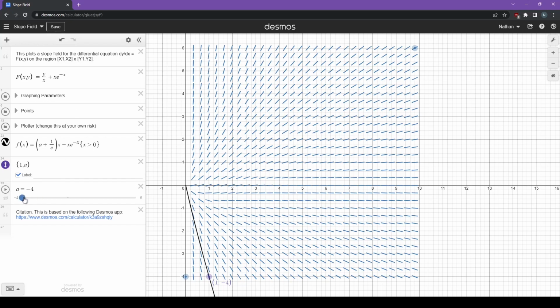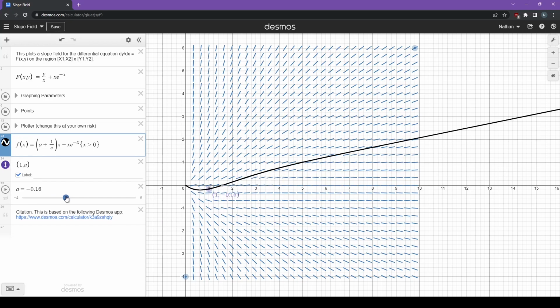And here we have a value for a, which is the value that I called y naught, which is the y value that we pass through. And I've also plotted the point 1a so that we can verify that our solution function, which is written in terms of the initial value with our condition that our input be greater than 0, adjusts appropriately, and we can see the solution to the initial value problem change as we manipulate that condition here.